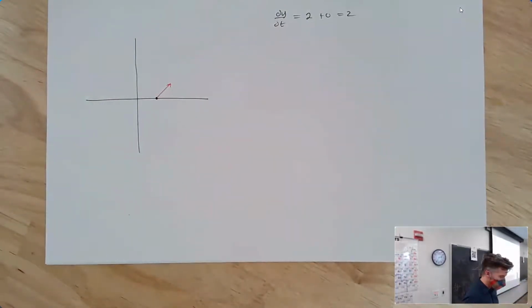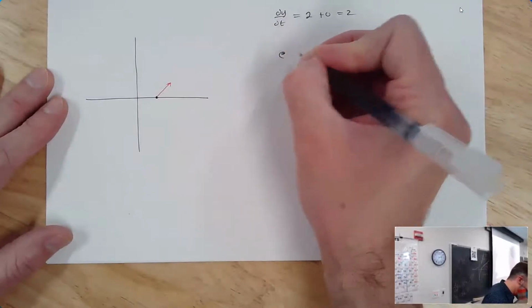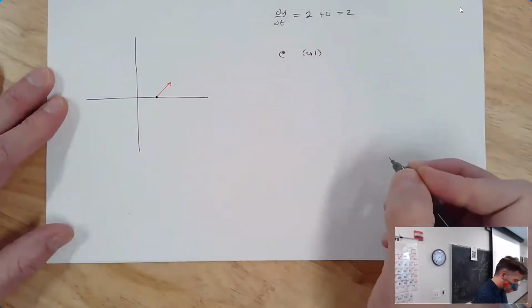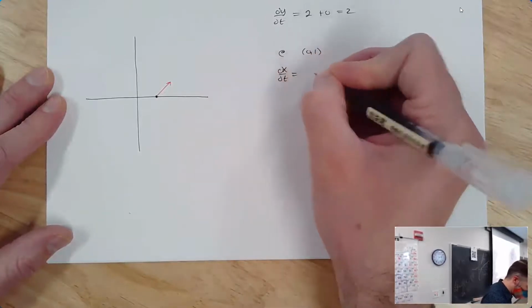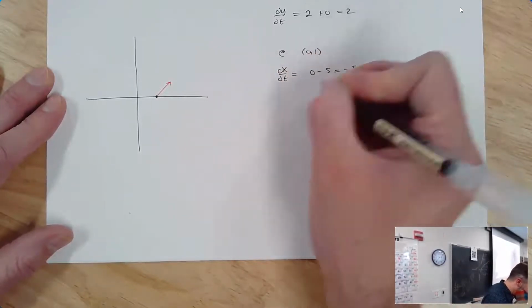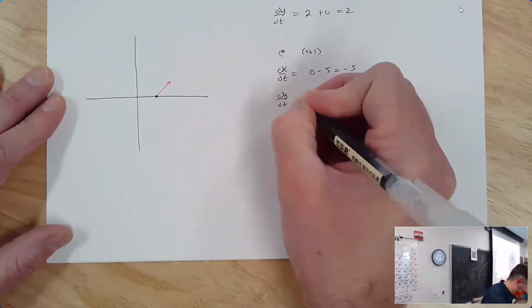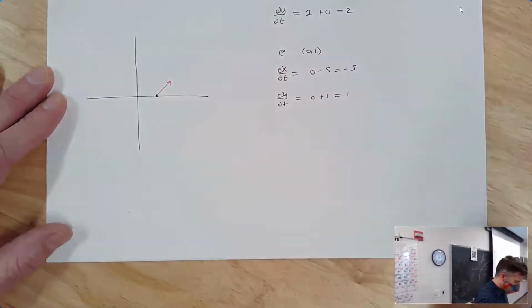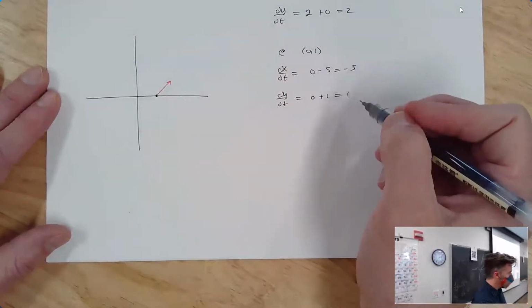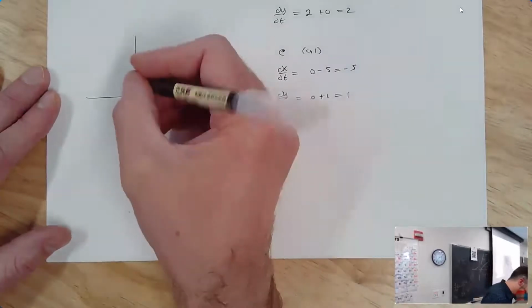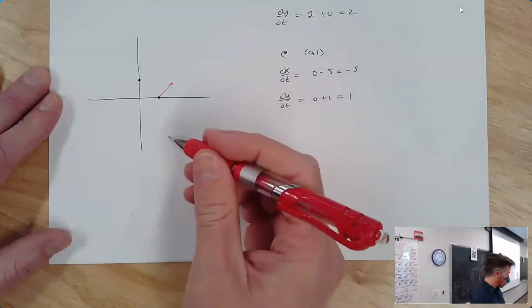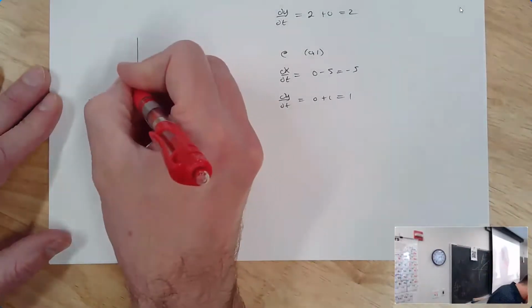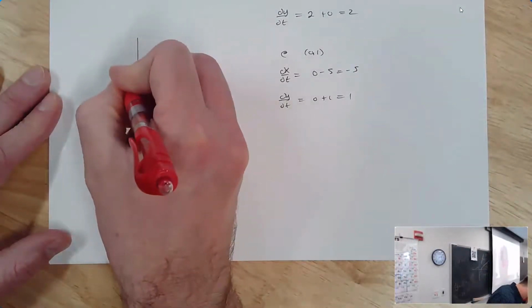Let's look at what's happening at 0, 1. If I plug in 0, 1, dx/dt is going to be 0 minus 5, and dy/dt is going to be 0 plus 1. So I'm going 5 left and 1 up. At this point, I'm going a lot more left than I'm going up. I'm probably going kind of like that.